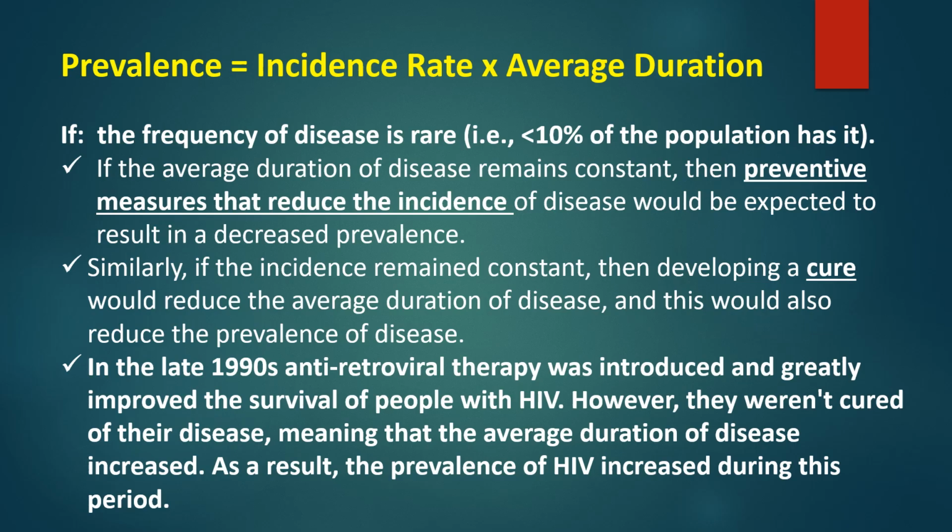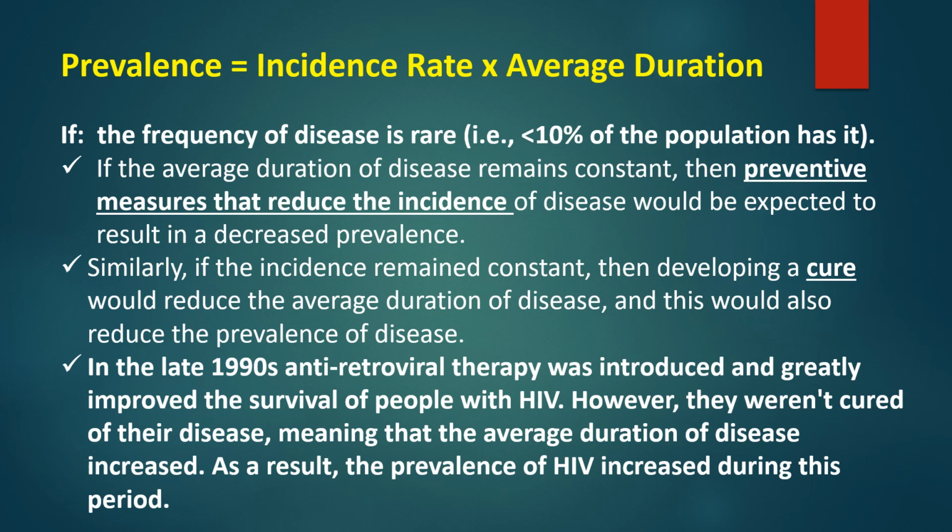So if a frequency of the disease is rare, that is less than 10% of the population has it, and average duration of a disease remains constant, then preventive measures that will reduce the incidence, or reduce occurrence of new cases because of prevention of disease, would be expected to result in decreased prevalence.